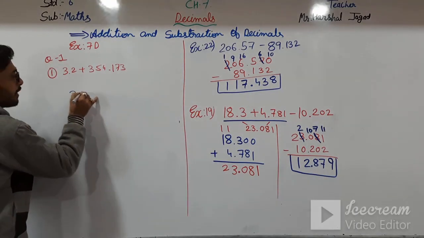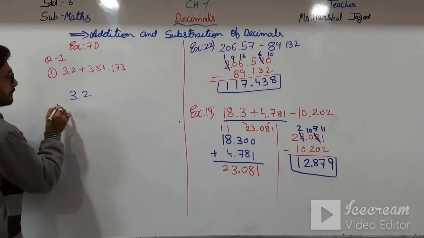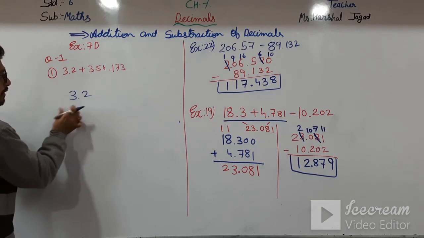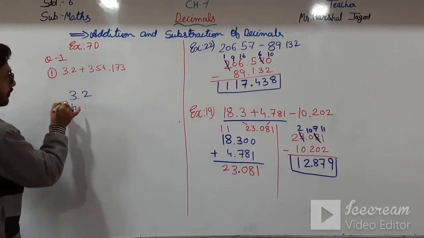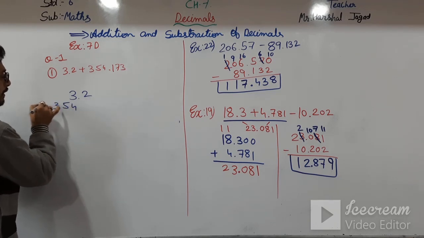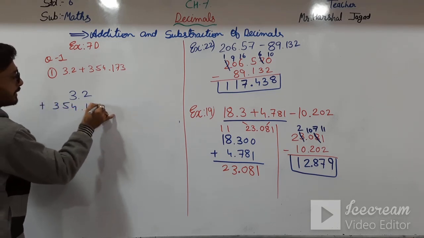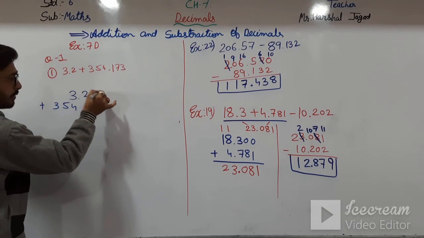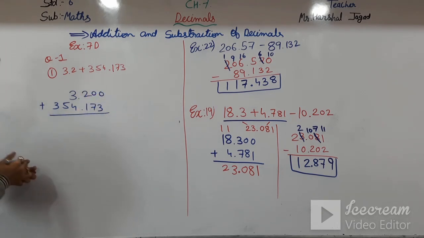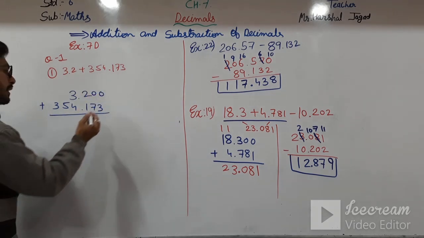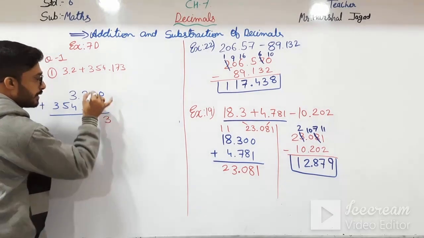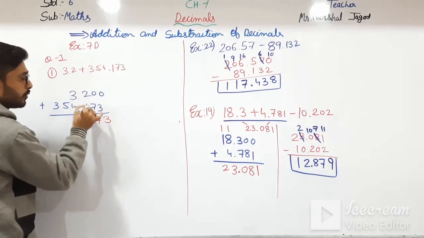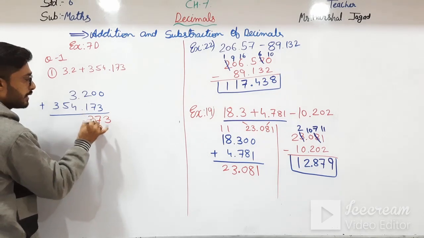So 3.2 plus, here it will be the unit place, 453.173. So here it is 0 0, yes I can add that. So 0 plus 3, 3, 0 plus 7, 7, 2 plus 1, 3.